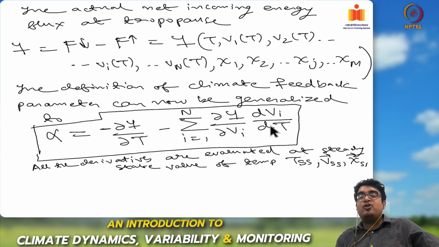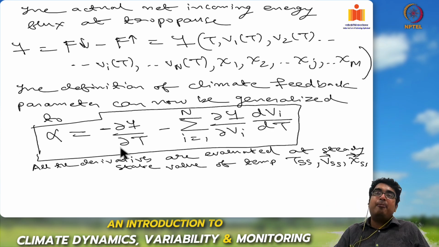So this extra term, a summation for all of these variables, becomes part of the actual climate feedback parameter we have to deal with in a more complicated model.